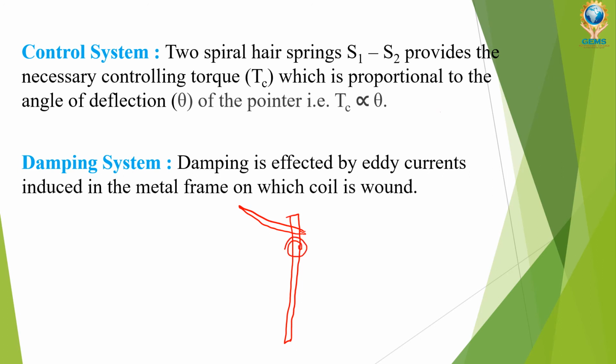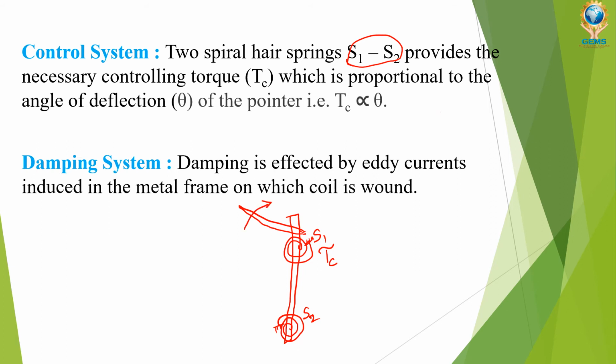Here we are going to keep one spring, and here another spring. These are spring 1 and spring 2, which they mentioned here. These springs will provide the controlling torque, that is Tc.